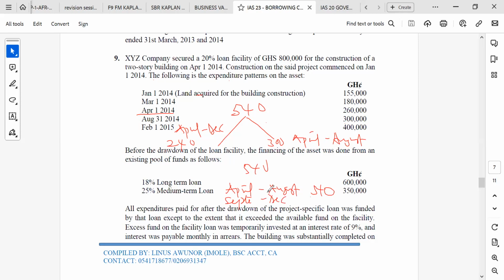But you can see that the 240 was there from April to August and from September to December. So you can say that 240 was invested from April to December, whereas the 300 was invested from April to August. So let's calculate the investment income now. Any excess amount will be invested at 9%. So let's go and calculate that particular amount.